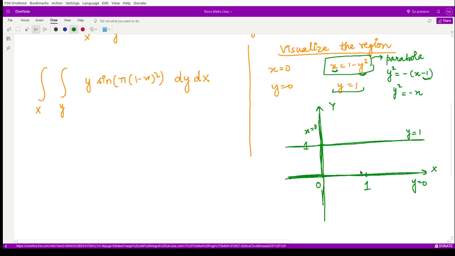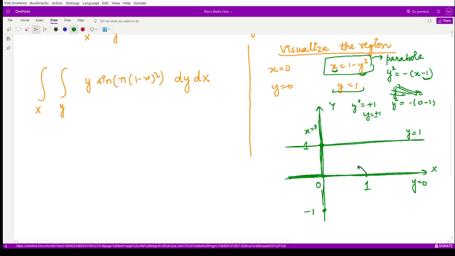Moreover, at which points will it cut the y-axis? At the y-axis the value of x is 0. So when x is 0, you have y square equal to plus 1, so y is either plus 1 or minus 1. At this point the parabola will meet the y-axis, and at minus 1 the parabola will meet the y-axis.